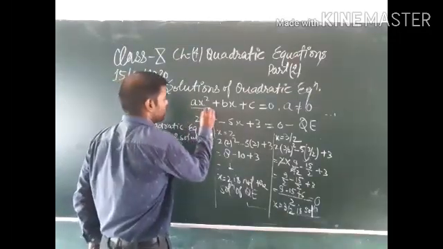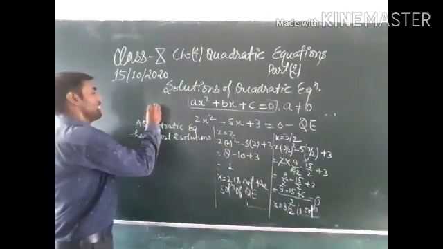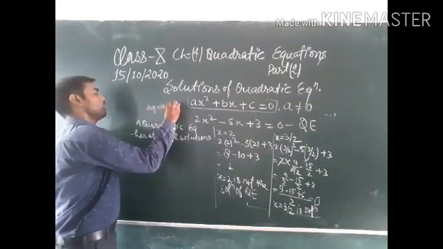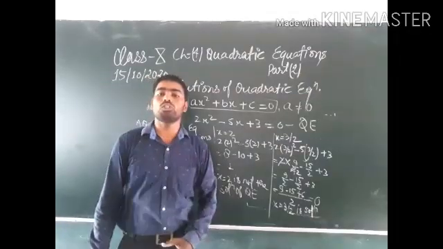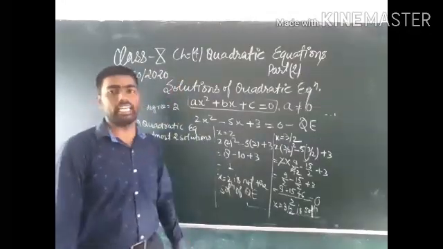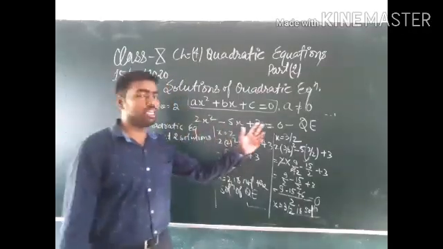You can take it this way: the degree of a quadratic equation is 2, so you obtain only two solutions of any given quadratic equation.